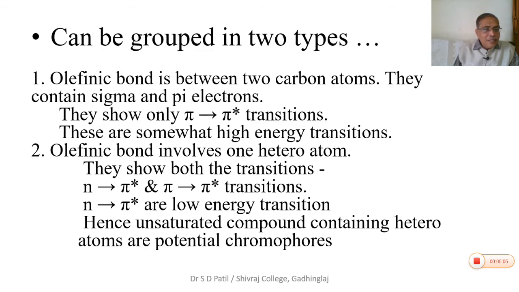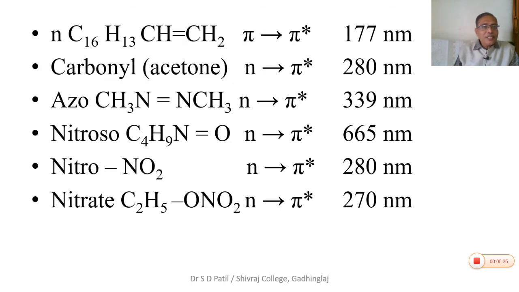The n to pi star transitions are low energy transitions as non-bonded electrons are loosely bound. Hence, unsaturated compounds containing heteroatoms are potential chromophores. So whenever you are comparing unsaturated compounds and unsaturated compounds containing heteroatoms, the unsaturated compounds with heteroatoms are potential chromophores, because the transitions are low energy transitions.